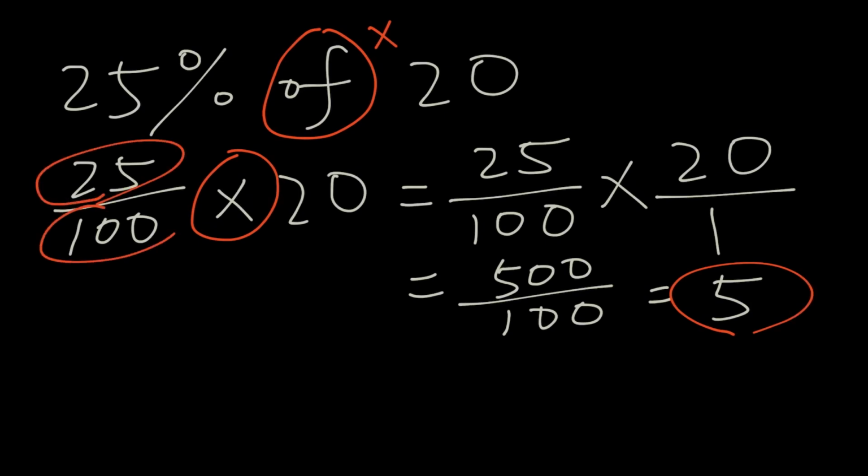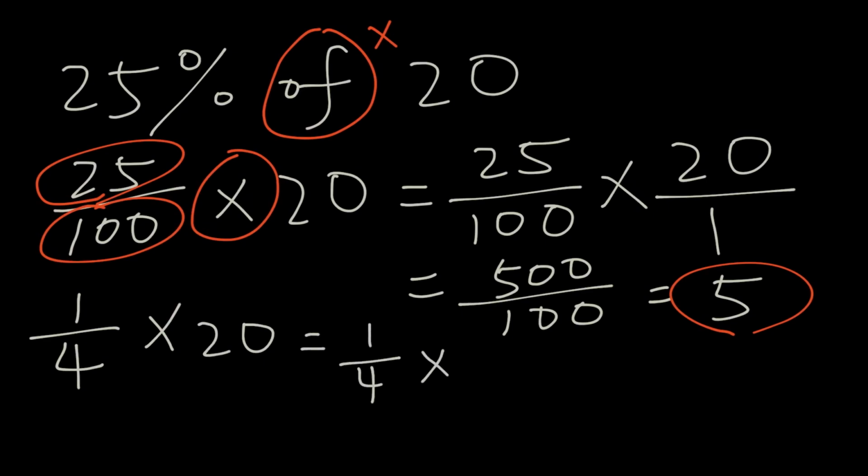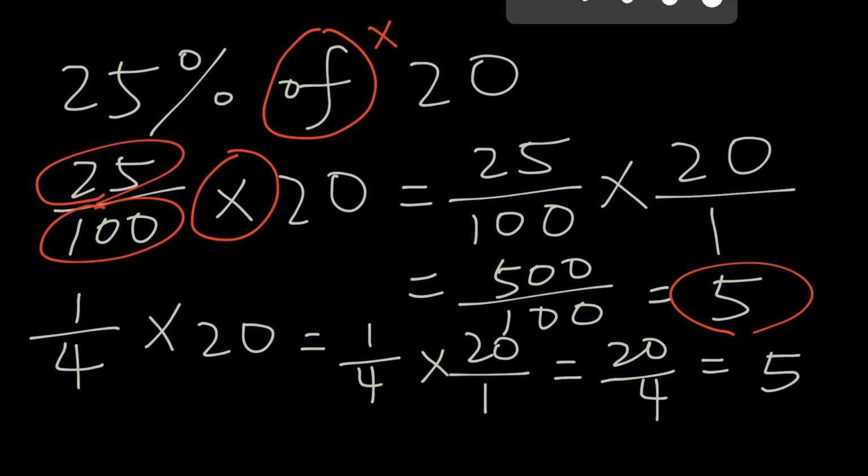The 25 and the 100, if you were to simplify that, it becomes 1/4 times 20. Then you rewrite it as 1/4 times 20 over 1. And that equals to 20 over 4, which also equals 5. So whichever way you do it, you will get the same answer.